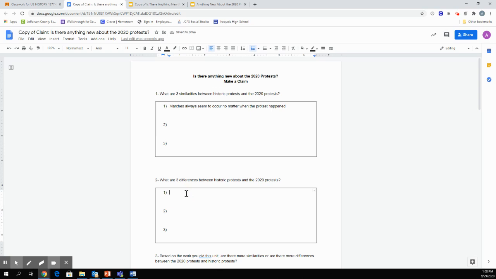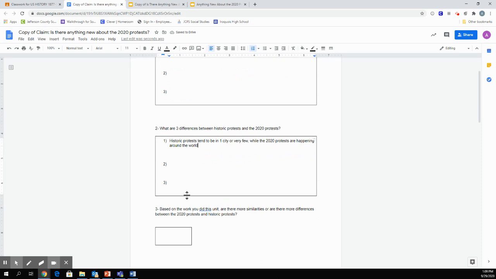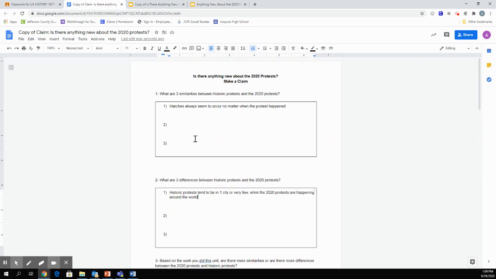What are 3 differences? Again, historic protests tend to be in one city or very few, while the 2020 protests are happening around the world. And you can even talk about when they occurred, because these 2020 protests have been going on for a long time.